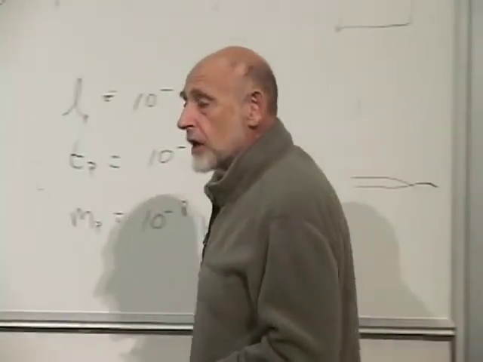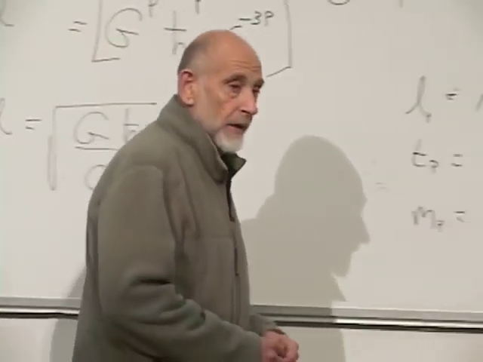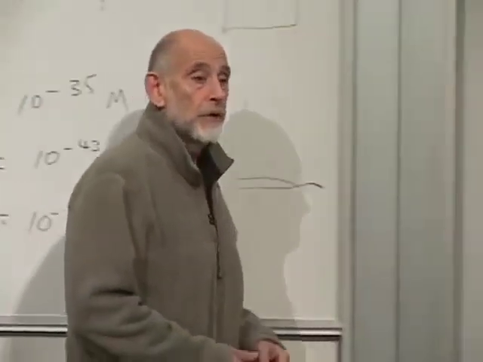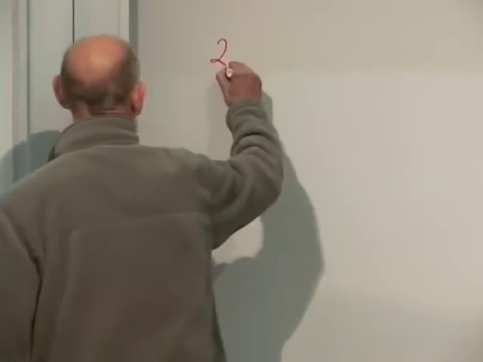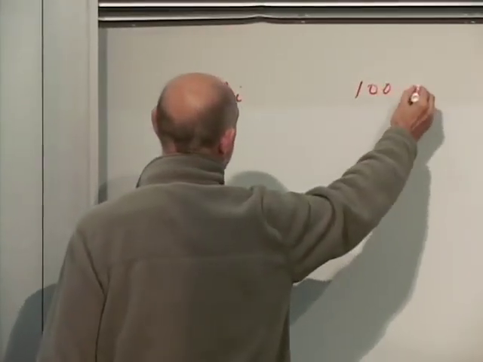In other words, you get a certain number of GeV per unit length. SLAC is a good example. It takes approximately 2 miles to accelerate a thing to 100 GeV. So 2 miles, 100 GeV.